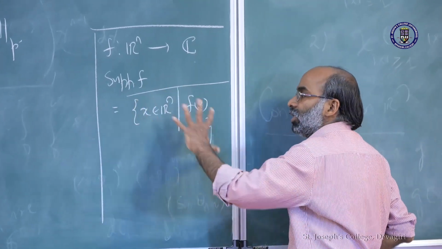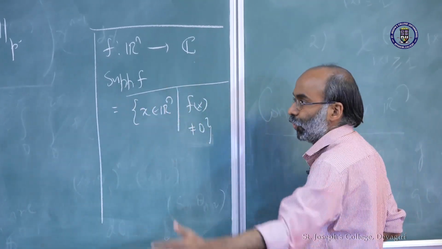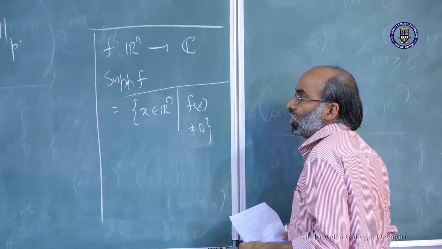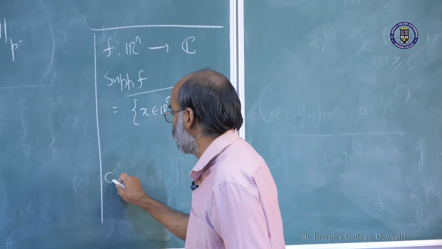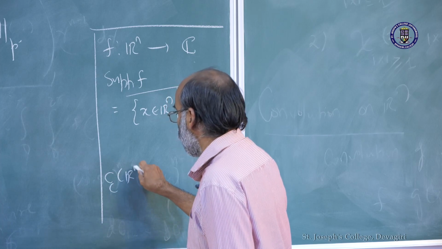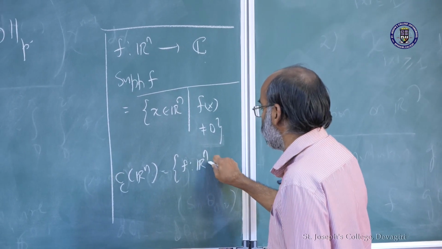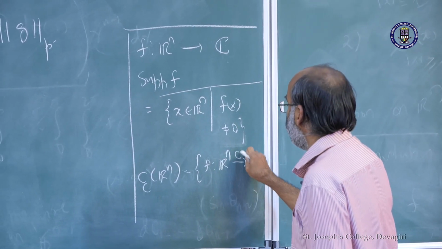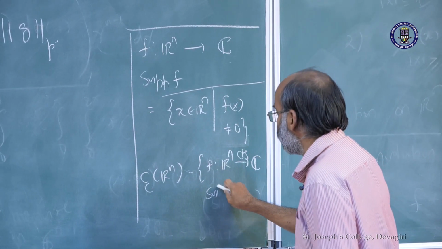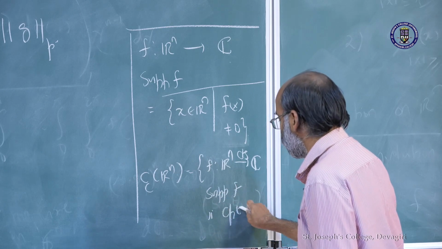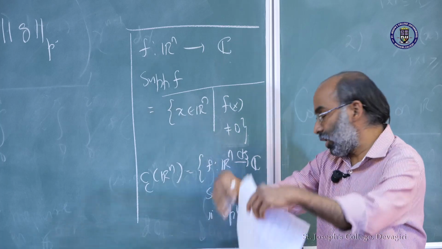That is where essentially f is supported, outside that it is 0, right. Well, in our case they are continuous. So, Cc of Rn is simply continuous functions, and the support of f is compact, right. So, outside a compact set it is 0, right.